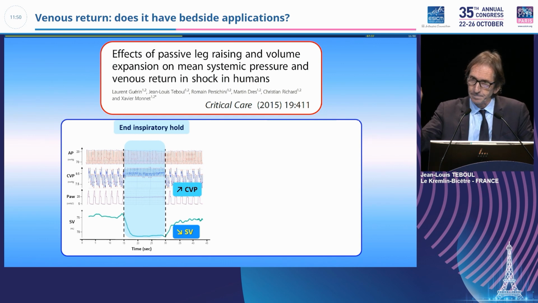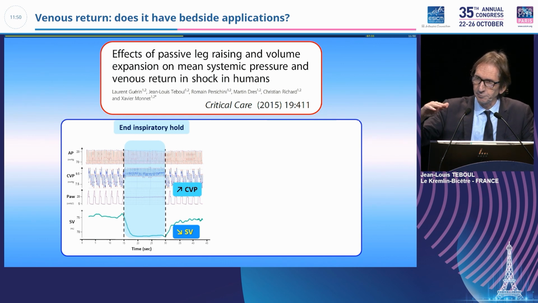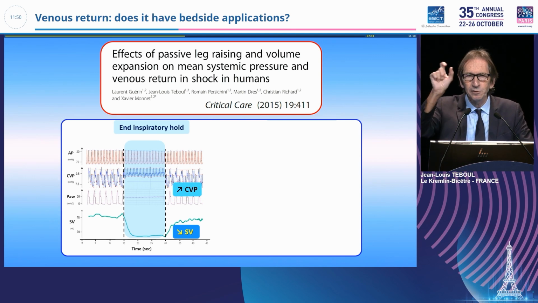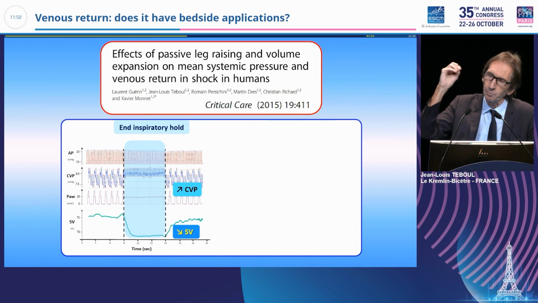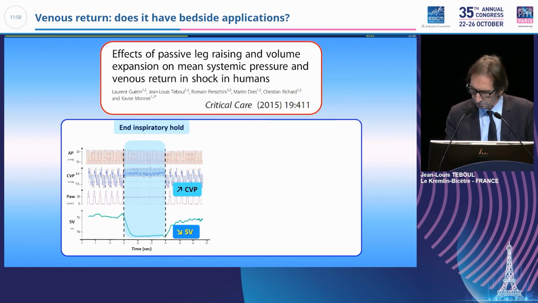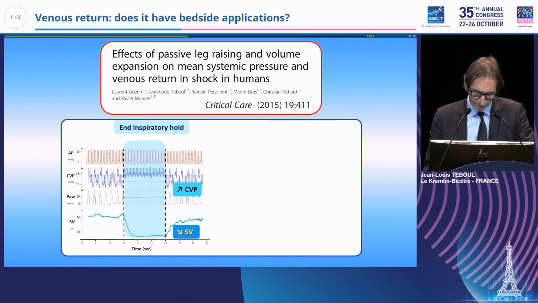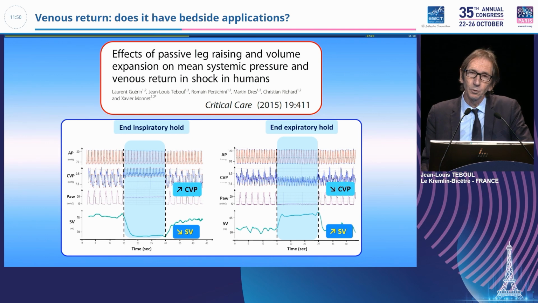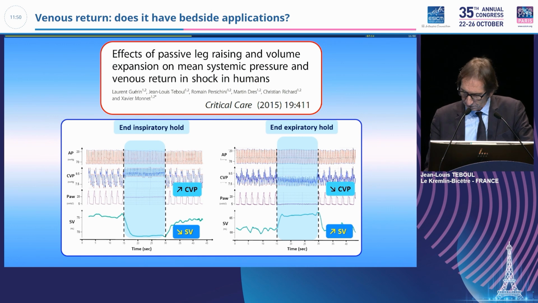So if we do this many times before and after PEEP application, for example, we can have different couples of values of cardiac output and CVP, measured at the same time. And we also can do this during an expiration hold, which should decrease CVP and increase stroke volume and cardiac output at the same time.